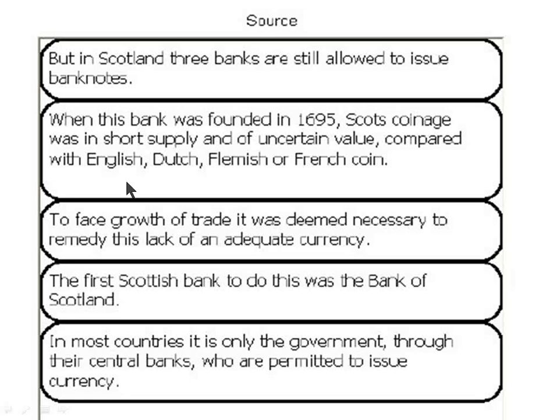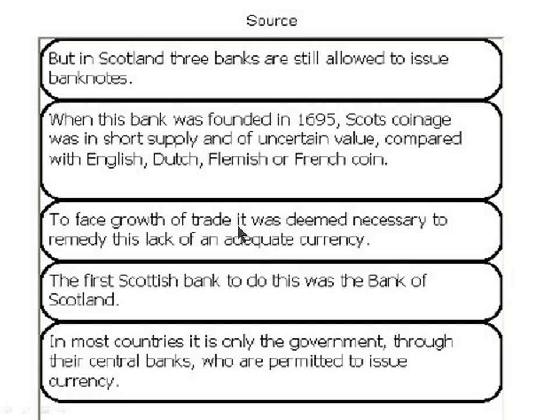So to face growth of trade, it was deemed necessary to remedy this lack of an adequate currency. Here they have mentioned that there was a shortage. So here they have told this lack of an adequate currency. So this will be our last sentence.